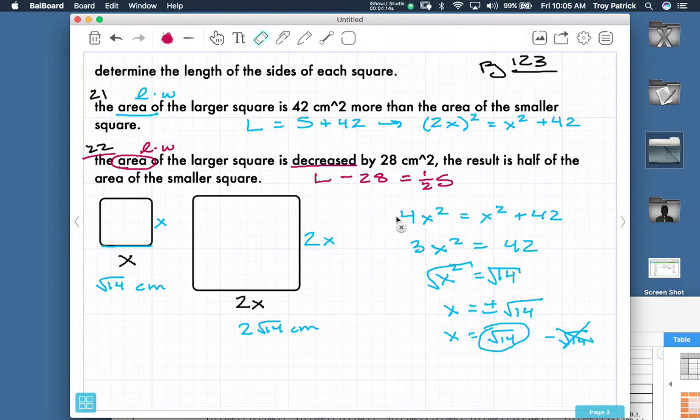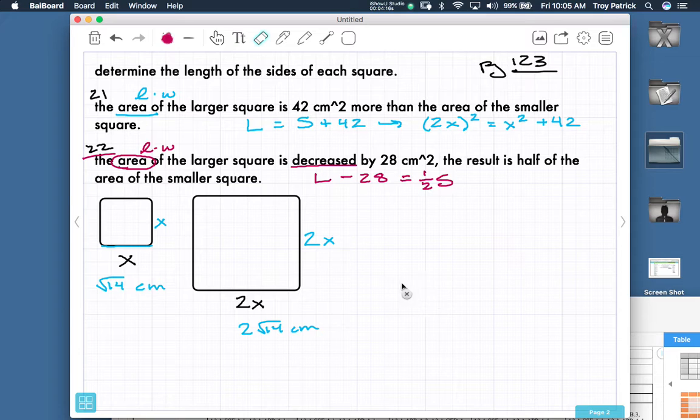I'm going to erase some of the previous problem to do this one. So the area of the larger square, which is 2x times 2x, we figured that out before to be 4x squared, minus 28, is equal to half the smaller square, which was x squared. We're going to solve for x here again. I'm going to do two steps at once right now.